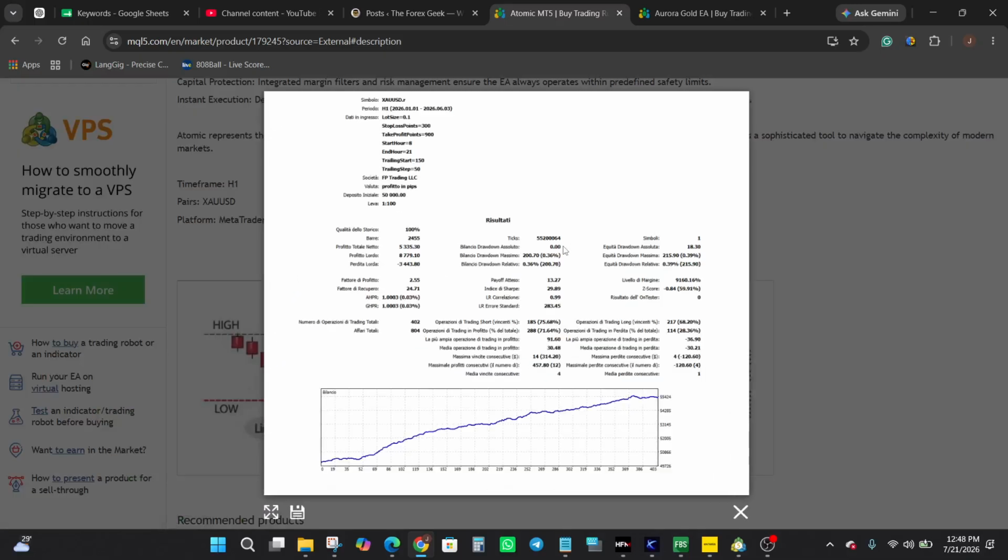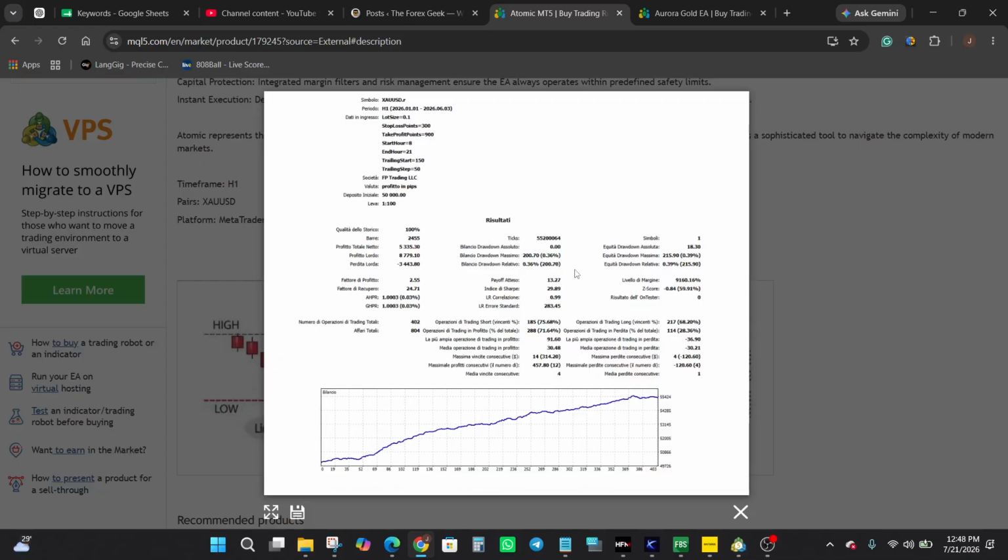So this is showing us an initial deposit of $50,000, and there was a total net profit of 5,335.3, and here we have a win rate of 71.64%, maximum equity drawdown of just 0.39%. That's quite impressive.